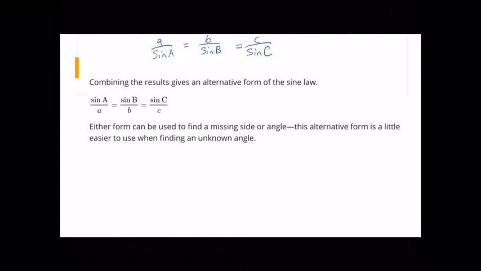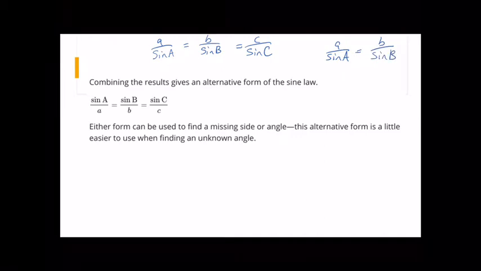So if we were saying this is true, we can move sine B to this side, then move sine A to the other side.